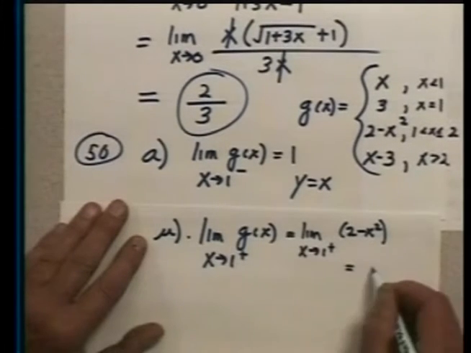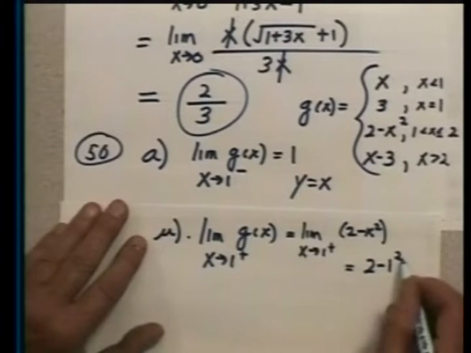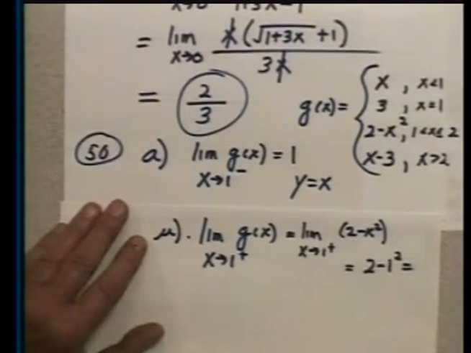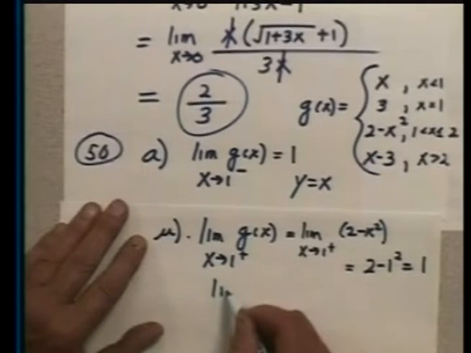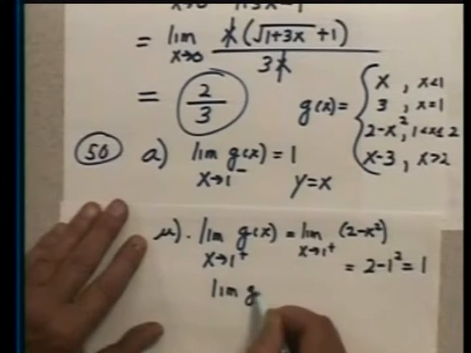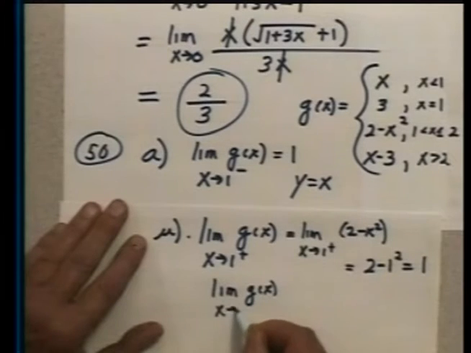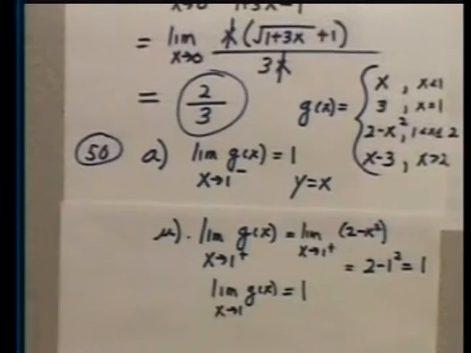Well, again, it's a polynomial, so you can just do it by substitution, and you get 1. Ah, so the limit from the right, the limit from the left is the same number, 1. Therefore, what's the answer to part 2? It's 1 because it's the same from the left and right.